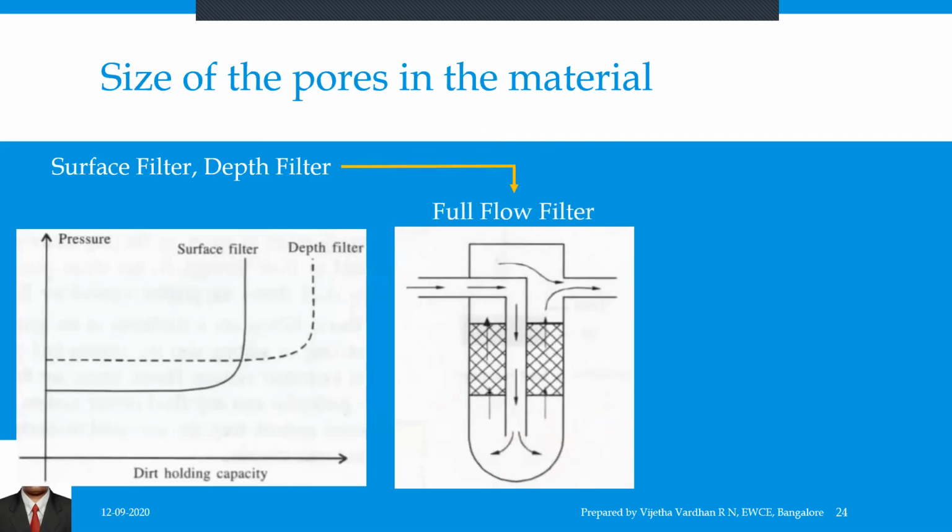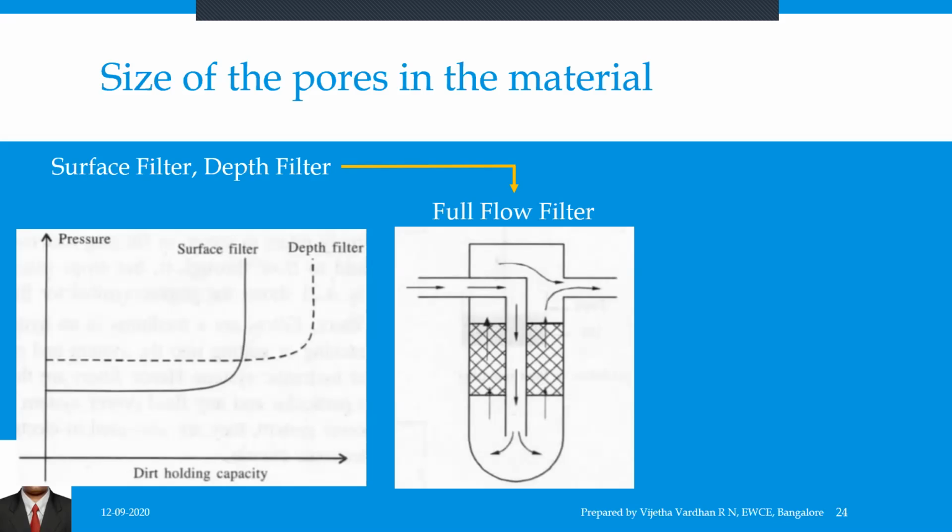Then coming to the sub-classification of the surface filter, which is called the full flow filter. What is a full flow filter? In some hydraulic systems the necessity arises that the complete oil must enter the filter element at its inlet side and must be expelled through the outlet after crossing the filter element fully. In full filtration, the size of the filter is designed to accommodate the entire flow at that part of the circuit.